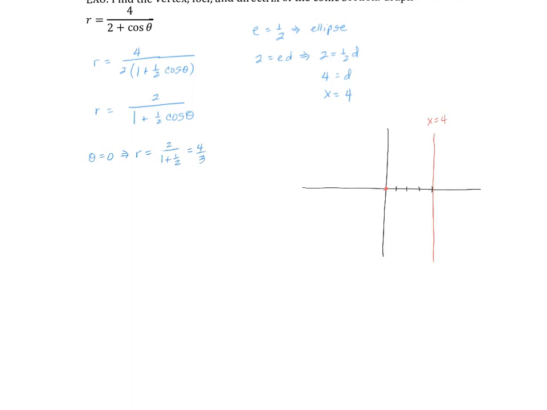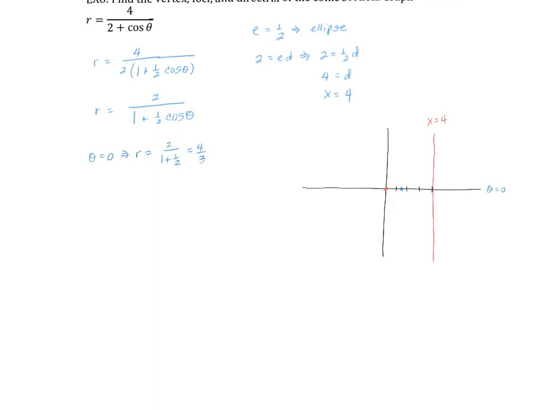So when theta is equal to 0, then I'm at the point 4/3 out. Okay, so it's going to be between, oh, I should have made this graph a little bit bigger, between the 2 points.